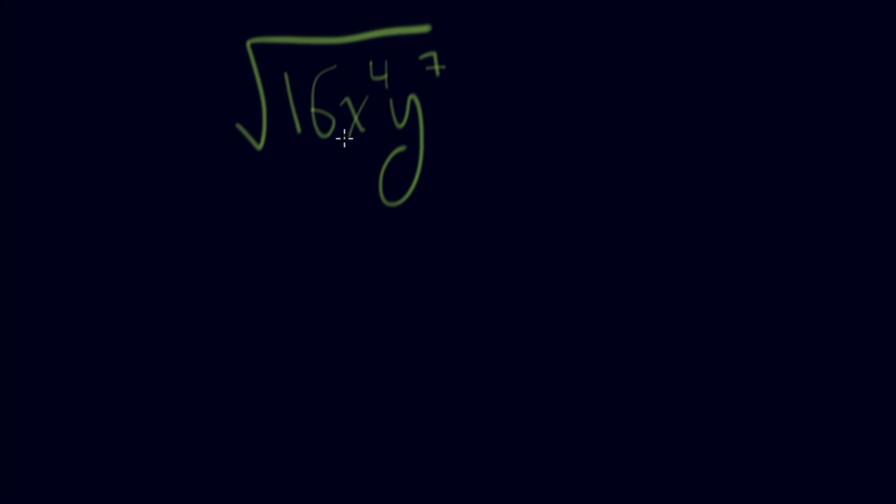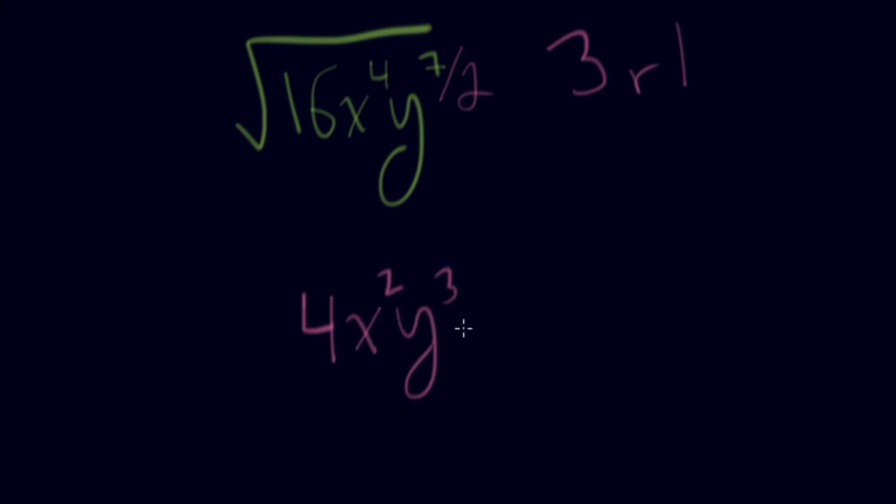It's just x squared. And this 7, I'm going to divide it by 2, which gives me 3 remainder 1. And those 3 y's will go on the outside. So my final answer would be 4x squared y cubed, those are those three y's, root y.